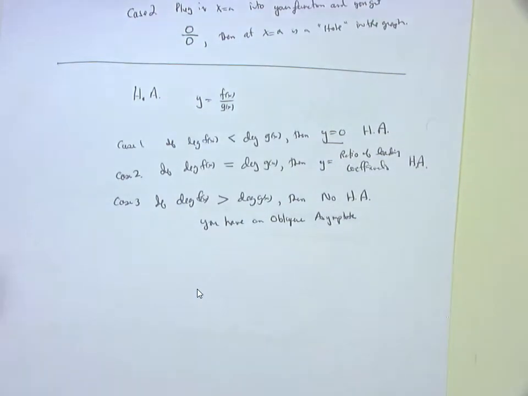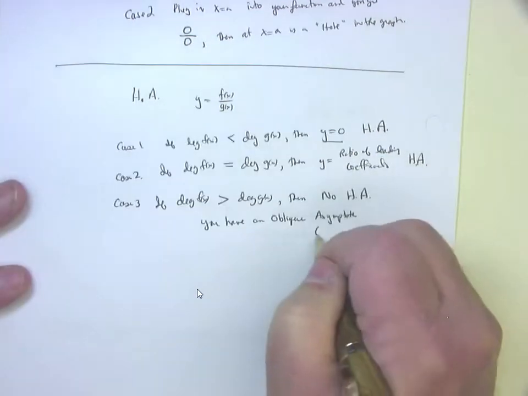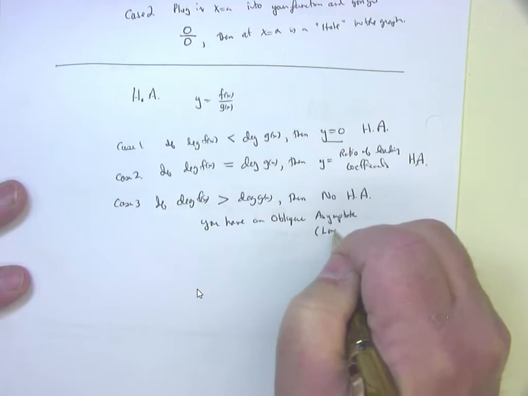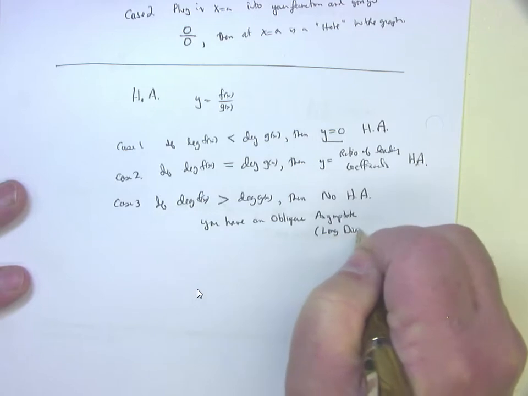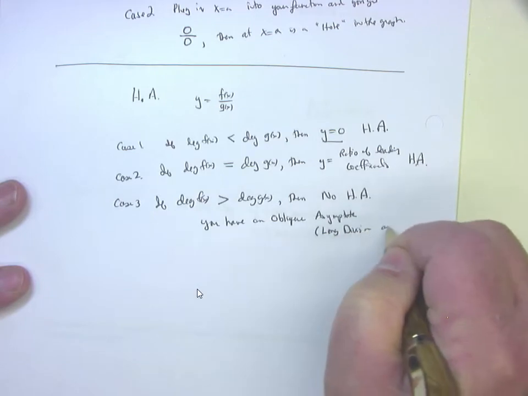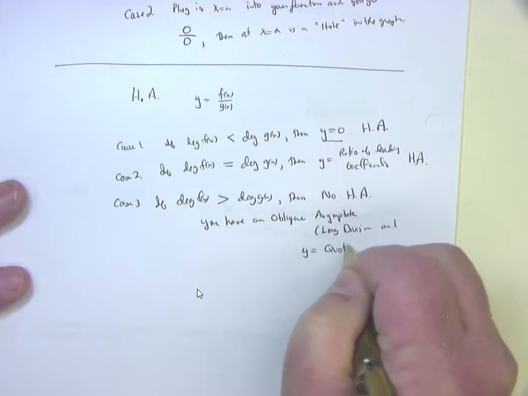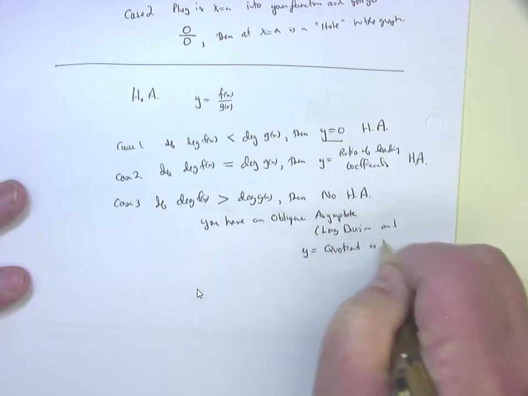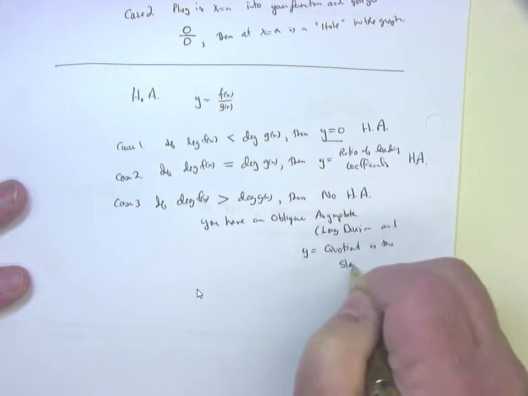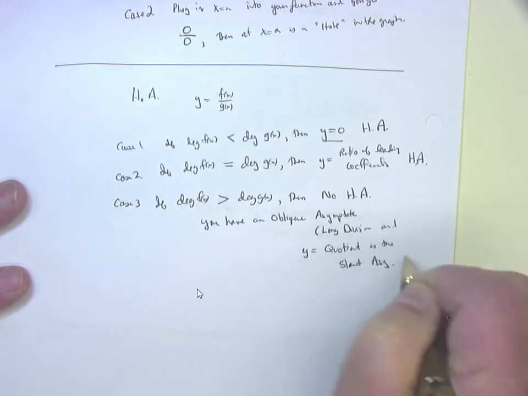To figure it out, you do long division, and y equals the quotient in that long division is the slant asymptote.